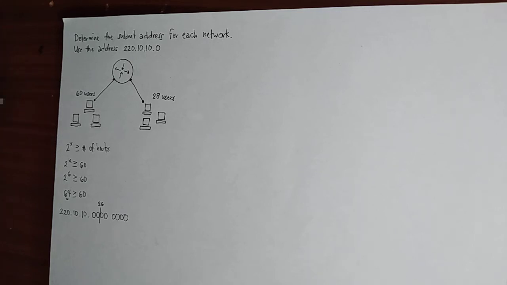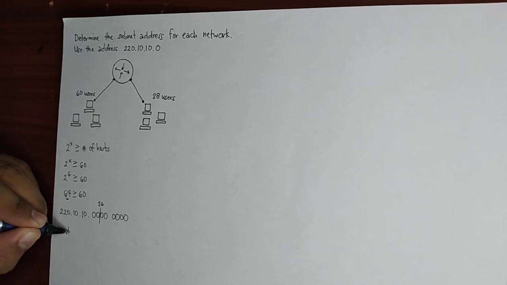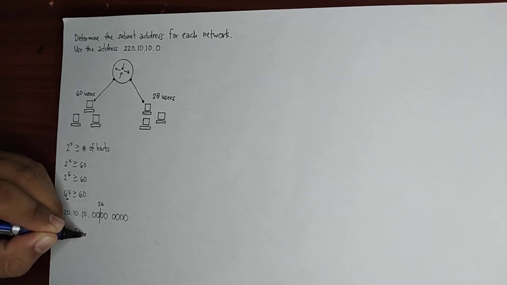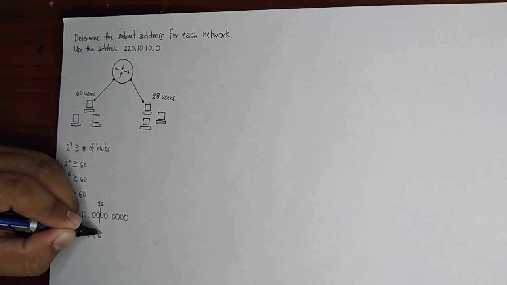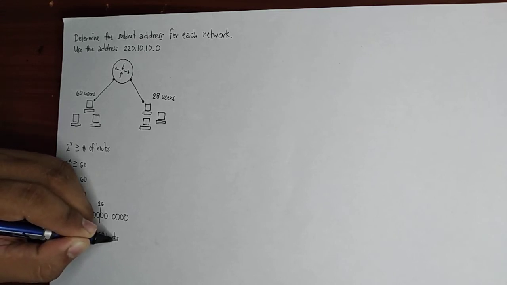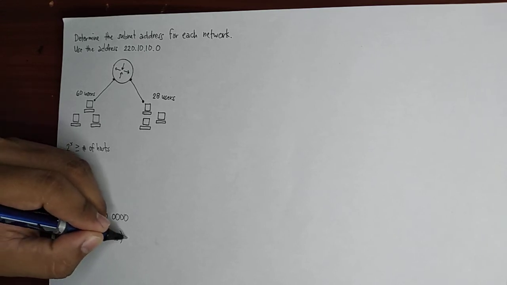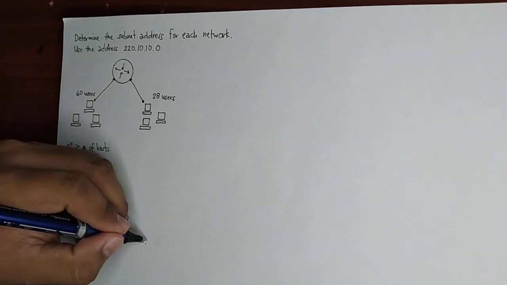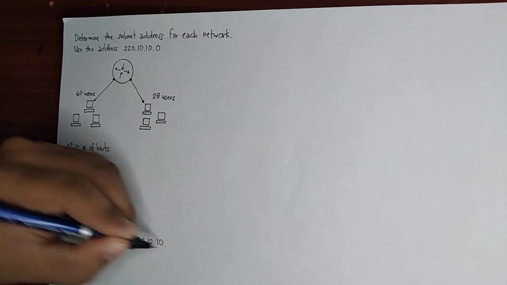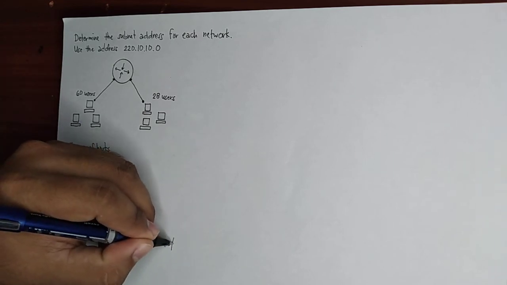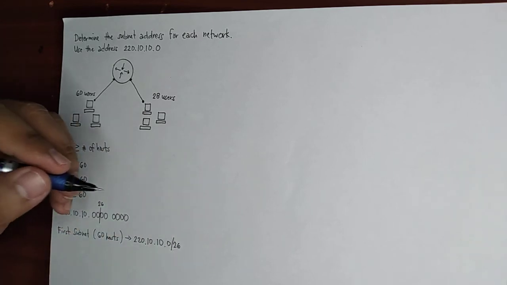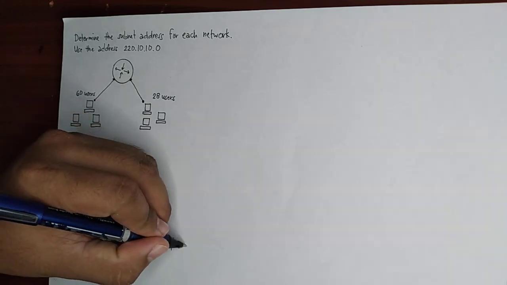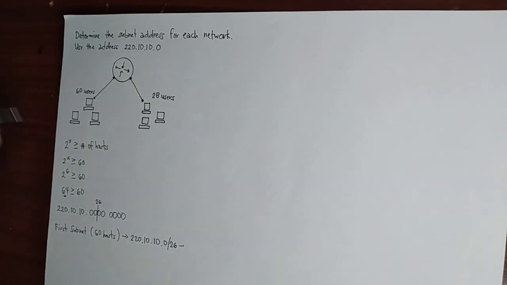So from there we have our first subnet, under the 60 hosts: 220.10.10.0/26 until, okay, until what? Remember, we have our next subnet.